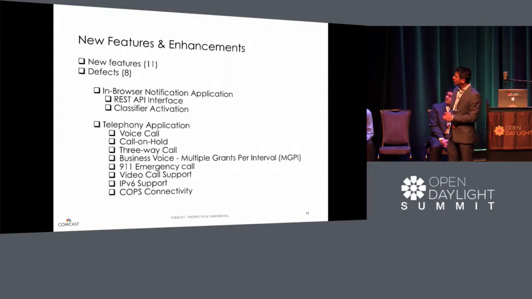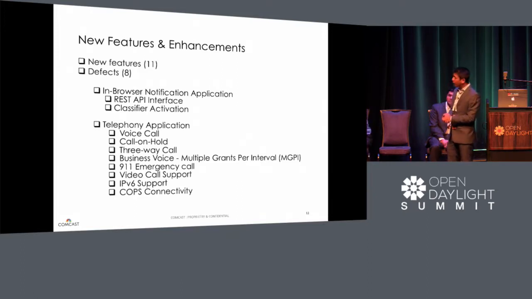The rest, you mostly see the voice features, which also include call on hold, where you can put somebody on hold and make another call, and three-way call, which is a conference call.